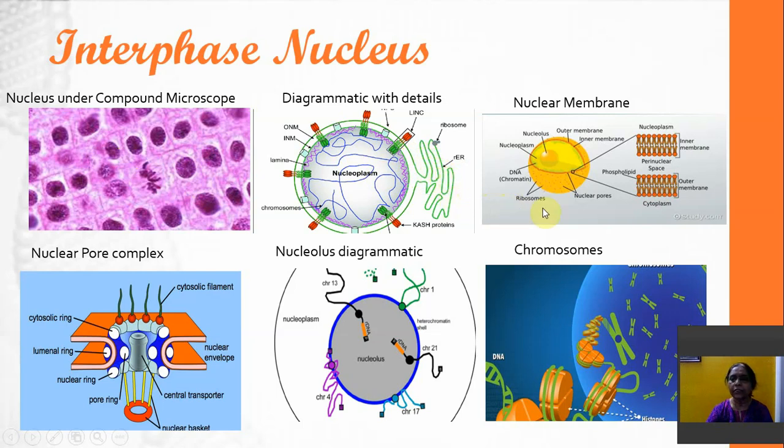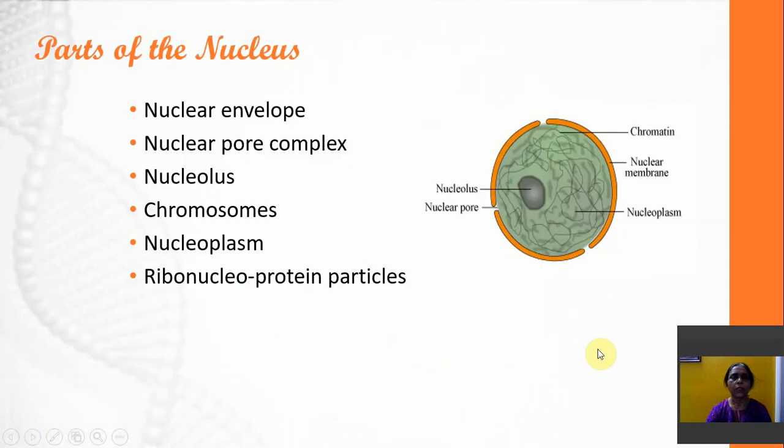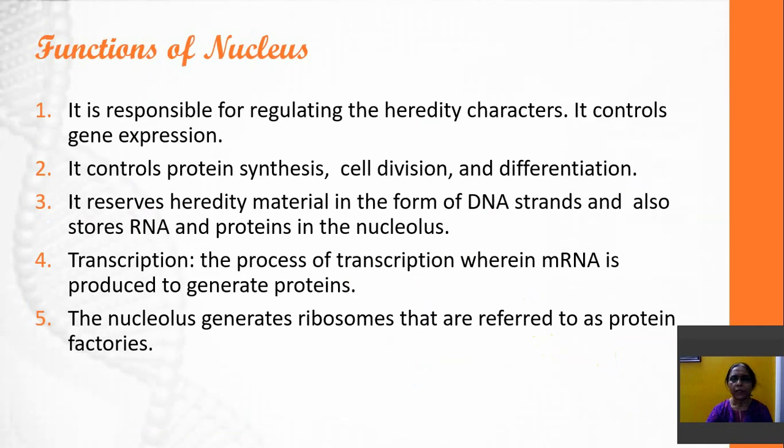We will study today in this presentation the details of nuclear membrane, the nuclear pore complex, the nucleolus and the chromosomes. Now these are the different parts of the nucleus: nuclear envelope, nuclear pore complex, nucleolus, chromosomes, nucleoplasm and ribonucleoprotein particles. Before studying the structure of nucleus, let us see the functions of nucleus.